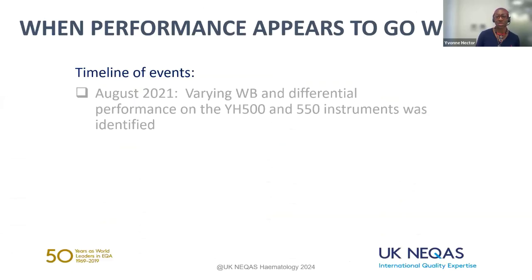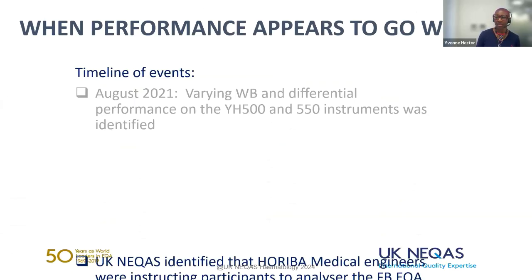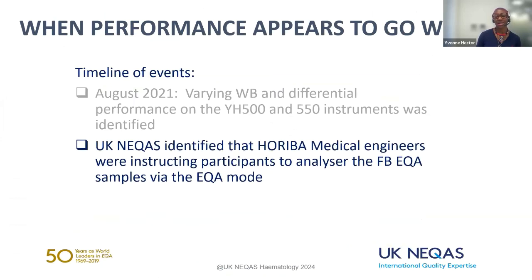So our first action was to speak to Horiba about our observations. We identified that Horiba's engineers had instructed participants to analyze the FB EQA material via the EQA mode. There was a good reason for this, given the engineers' observations of how the material was being analyzed on the machines and also their expertise.